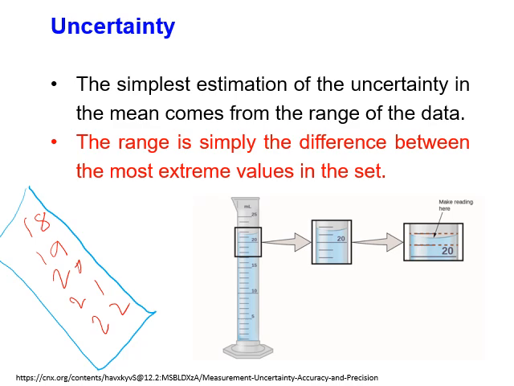So to evaluate the uncertainty, we will calculate the mean of the data. Then from the mean, which will be 20 here, we check how far the smallest value is from 20, and how far the highest value is from 20. That's going to be the uncertainty of the measured data. We will see this in the example on the next slide.